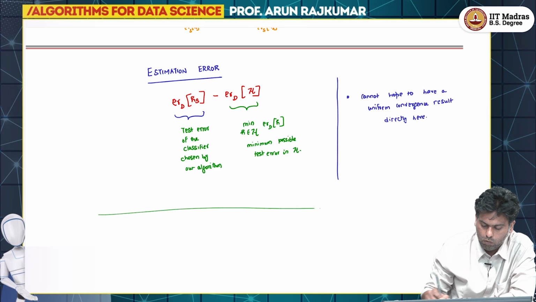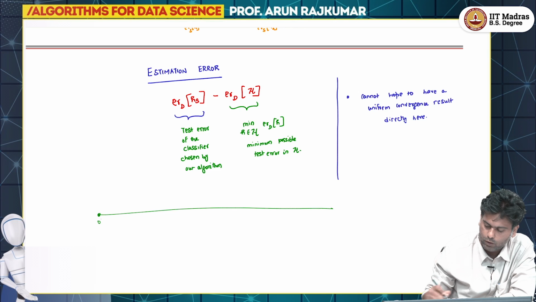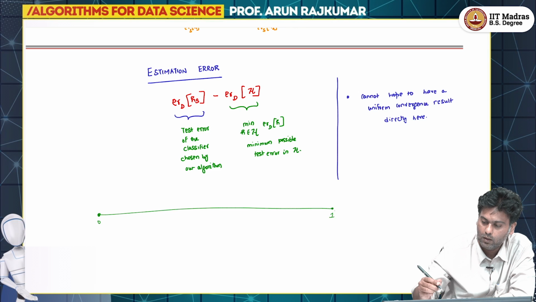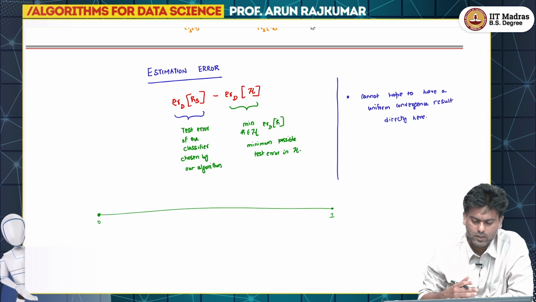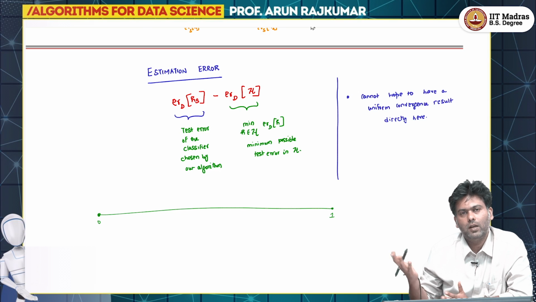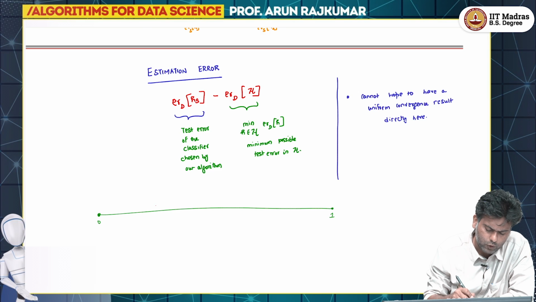Again, if I have to plot this as 0 to 1, now let us say, just for pedagogical reasons, let us say we have 5 classifiers in my bag, right. So, H1, H2, H3, H4, H5, maybe their corresponding test errors are like this, right.